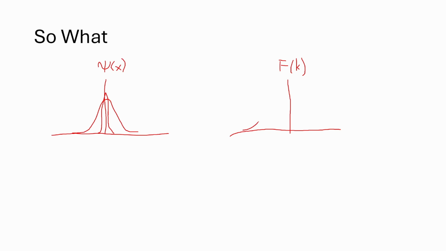That would correspond to a really wide range of frequencies. On the other hand, if we had a really spread out wave distribution for our incoming signal, that would mean that its transform is very narrow, that it has a much tighter spread of frequencies inside of it as a result of that initial wave being much longer and more spread out, delocalized, if you will.